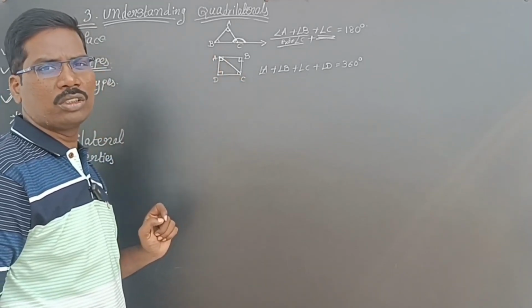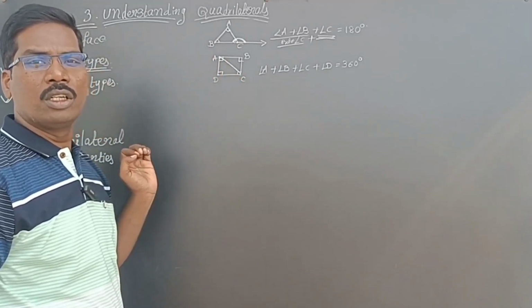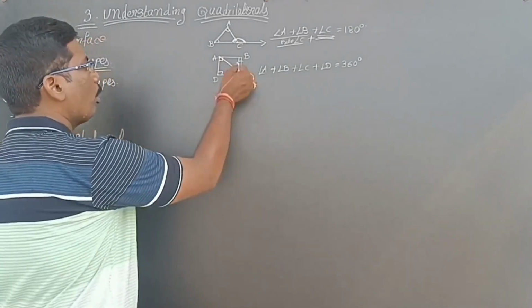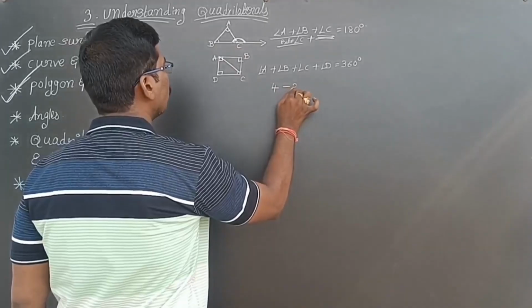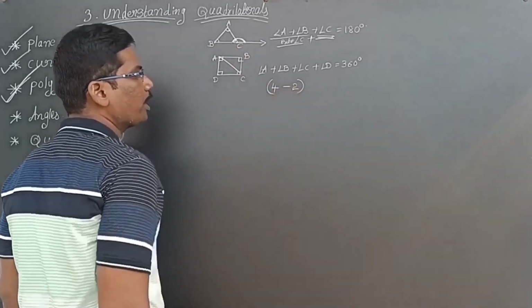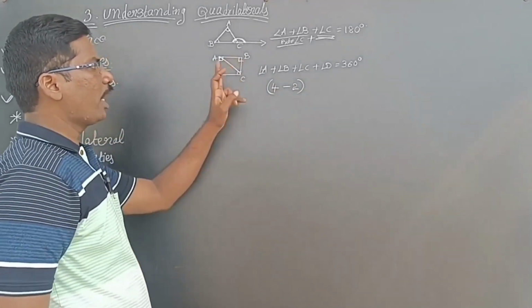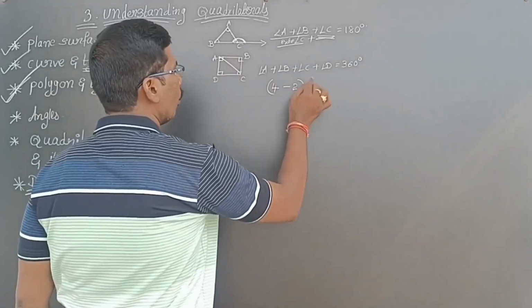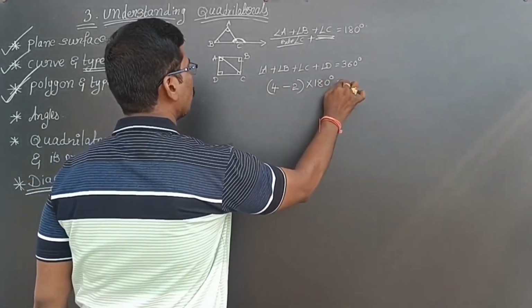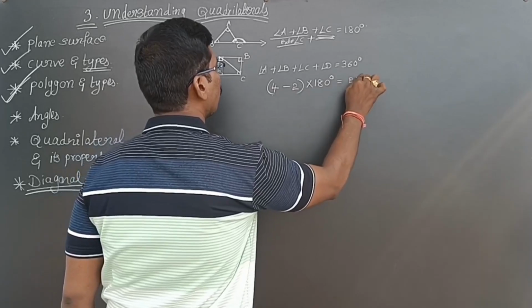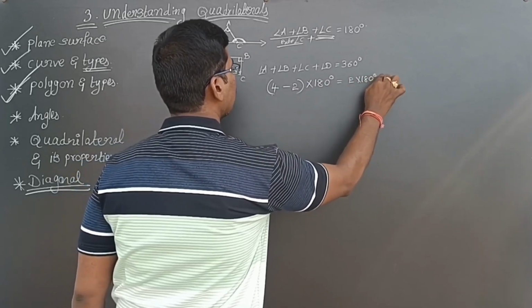How many triangles did I get? 2 triangles. The number of sides is 4, so 4 minus 2, 2 triangles. One triangle's sum of angles is 180 degrees. So 4 minus 2 is 2, 2 into 180 degrees, that is 360 degrees.